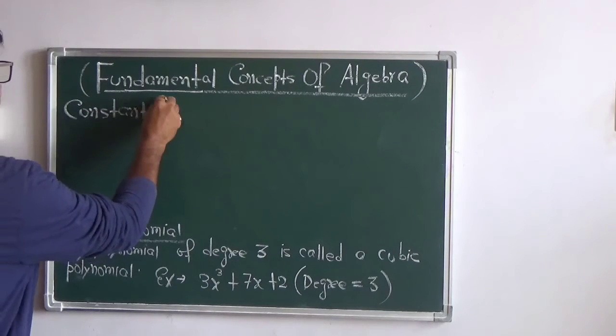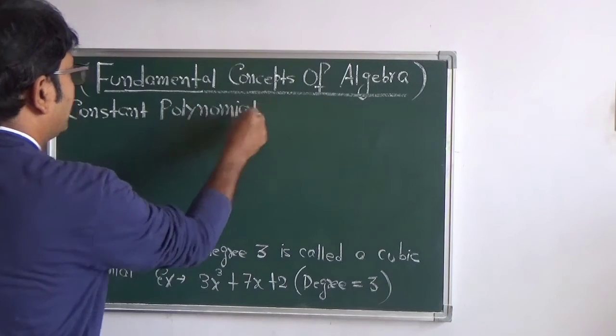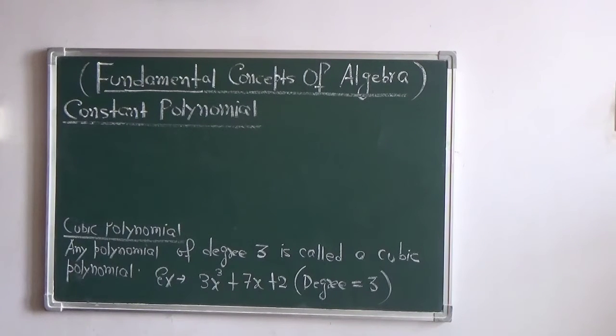Constant polynomial. A constant polynomial will have only the constant term.